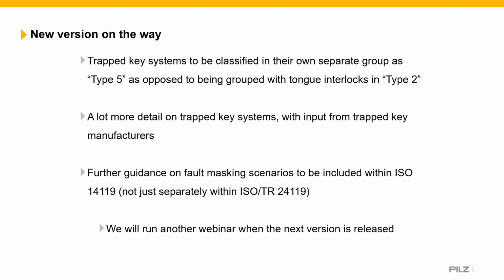And as a result, there'll be a lot more detail on trap key systems with a lot of input from trap key manufacturers. And there'll be further guidance on fault masking scenarios, which will be included in 14119, not just separate in 24119. And as and when that new standard is released, we'll then do an updated version of the webinar.